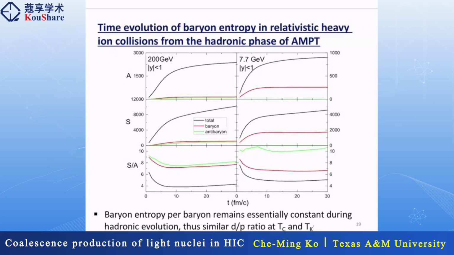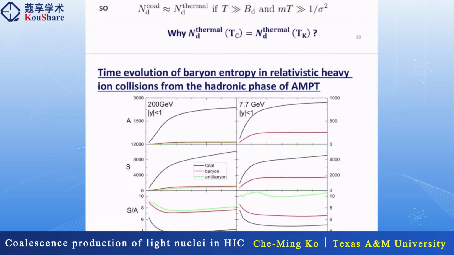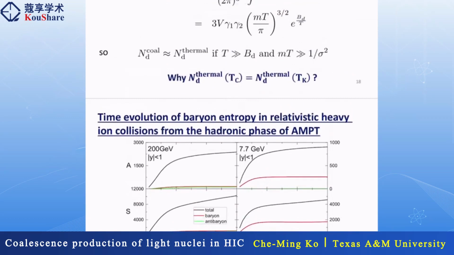If the entropy doesn't change in the baryonic matter, then the d/p ratio doesn't change. So that's why, in a transport model way, to understand why the thermal model calculates T_C and the thermal model calculates T_K, they are the same, because in T_C there's no chemical potentials.